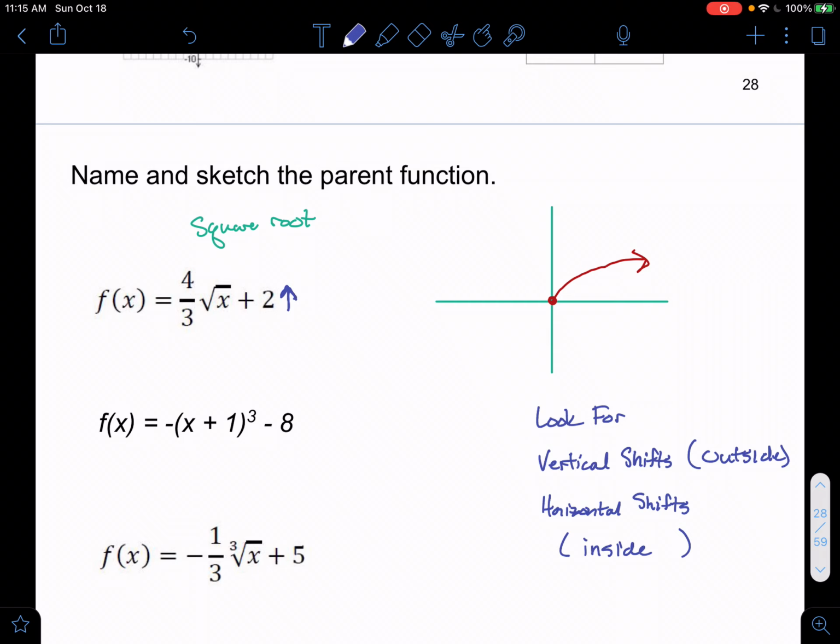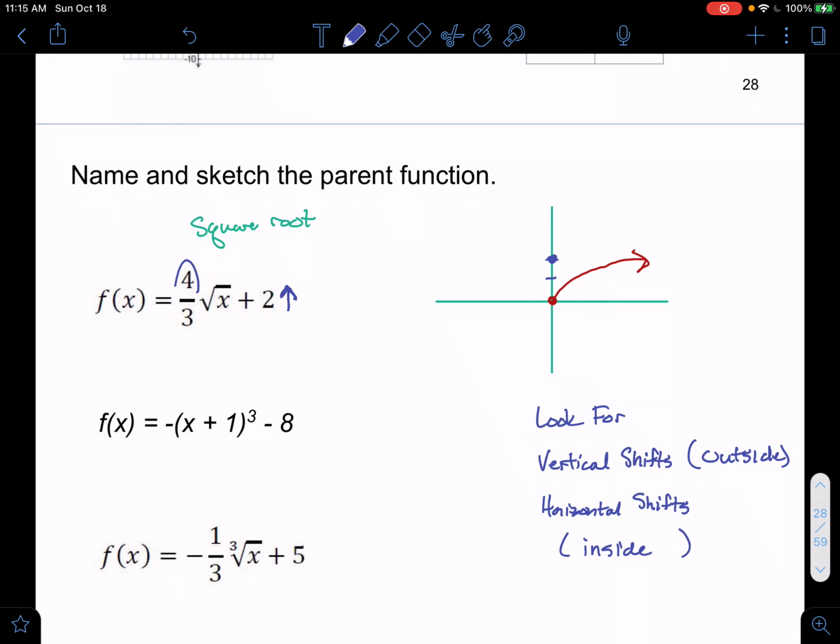And when I say shifted, we talk about the locator point. The locator point on our normal standard square root function is just this endpoint of the tail. So our graph is simply going to move up 1, 2 units. So our new graph is really going to start right there.